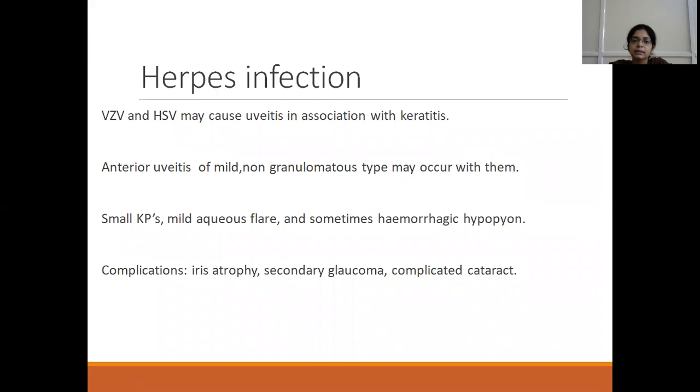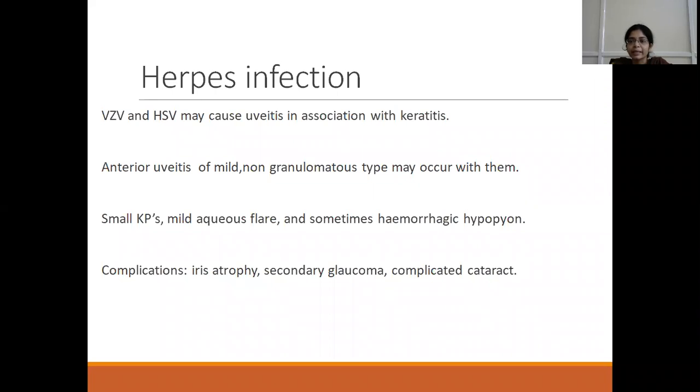If the uveitis lasts for a long time with recurrences of herpes infection, then in long-standing cases you can have complications like iris atrophy, secondary glaucoma, and complicated cataract. In herpes infection, for treating the uveitis, you will treat with steroids only.